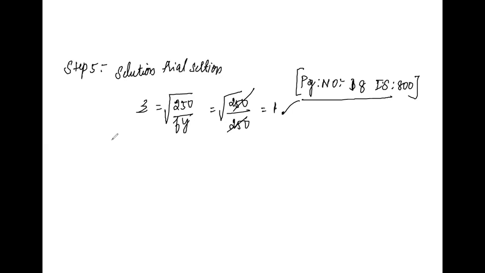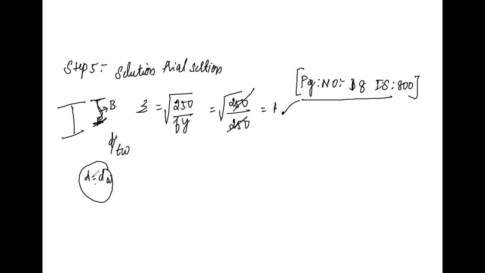For that, we have to calculate D by TW. In this, D represents the DW, because the bending can occur only in the web of the I section. So D is equal to DW.